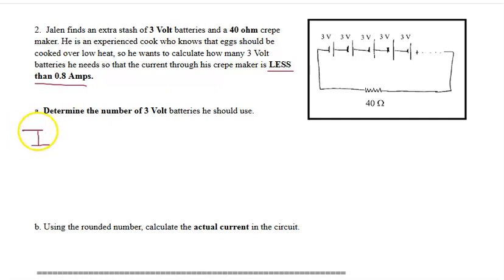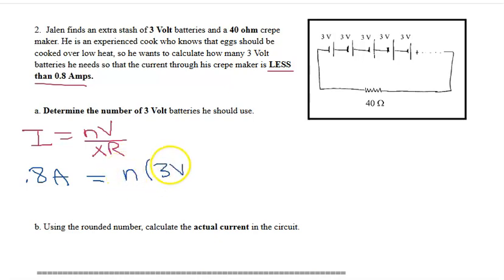So the current is going to be N times V over R. We want close to 0.8 amps, or below, and we have N number of 3-volt batteries and a single 40 ohm crepe maker.